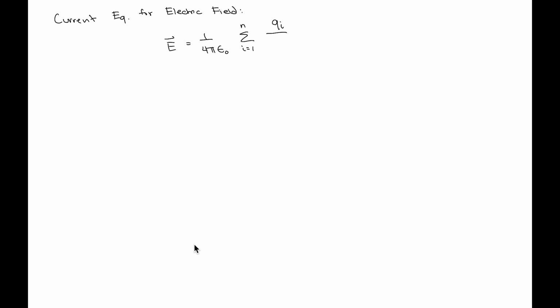It's the charge of each of those point charges divided by the magnitude of our separation vector, multiplied by our unit vector.